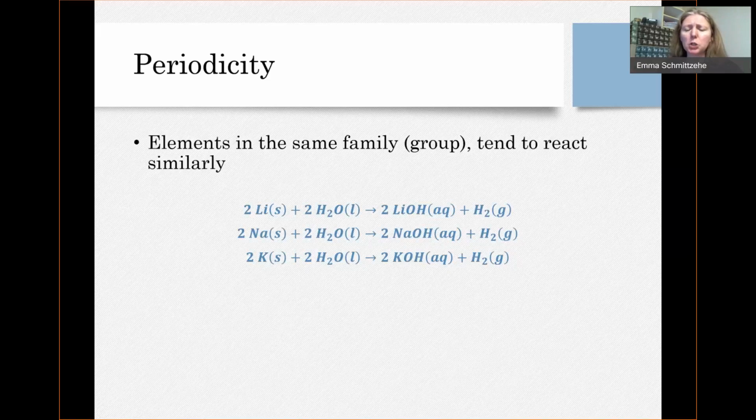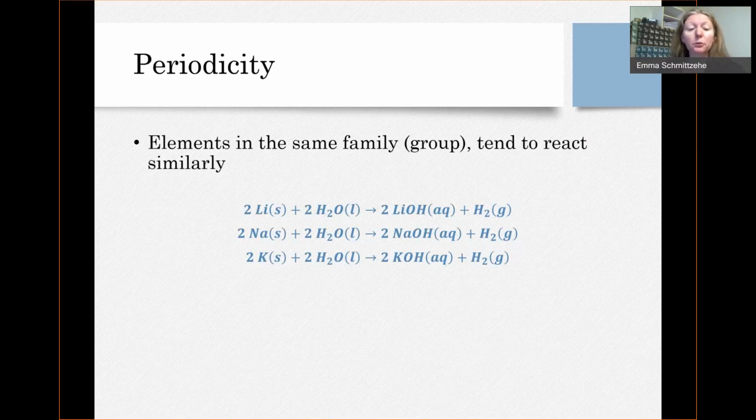So when you're talking about the later groups in the periodic table, when some things in the group are metals and some are non-metals, you wouldn't assume that a metal does the same thing a non-metal does, because that's not probably the case. But this is useful when you're dealing with things like group one metals or group two metals or even halogens, because pretty much the whole group then is going to behave the same.